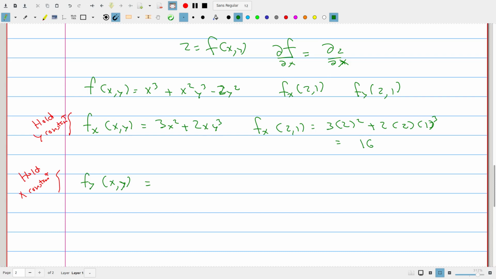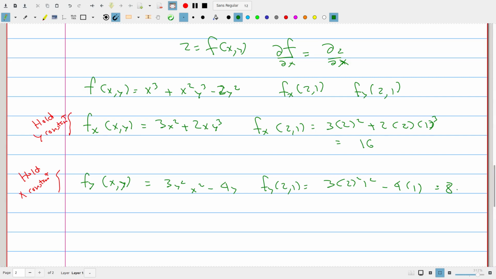The second term becomes 3y squared x squared. This goes to minus 4y. So f sub y at (2, 1) is then equal to 3 times 2 squared times 1 squared, minus 4 times 1, not 2, 4 times 1. So it's 12 minus 4, which is equal to 8.